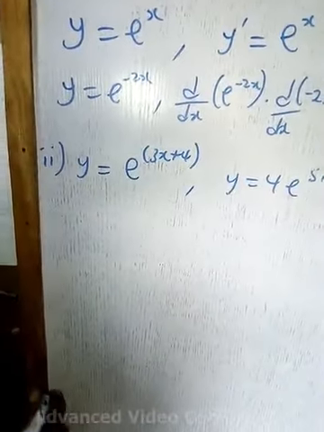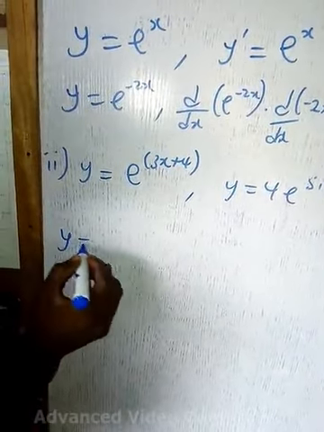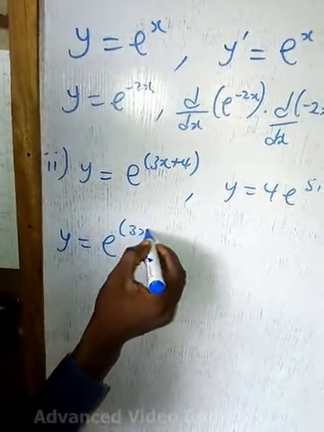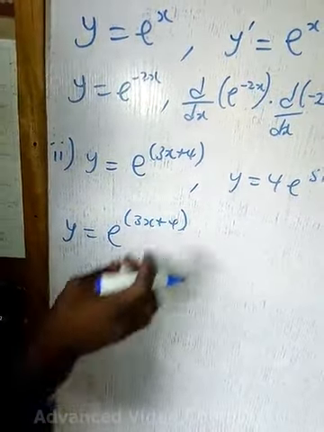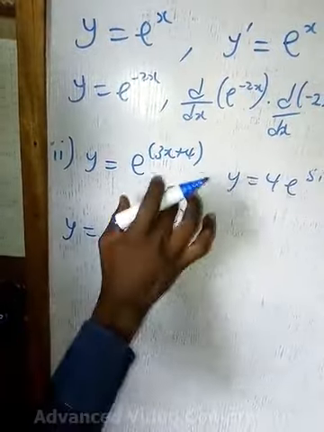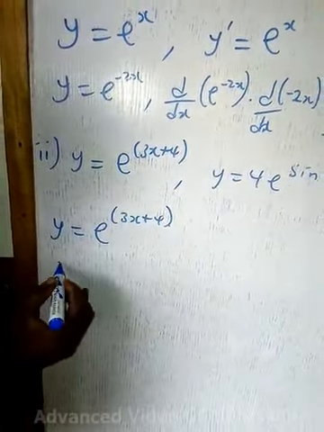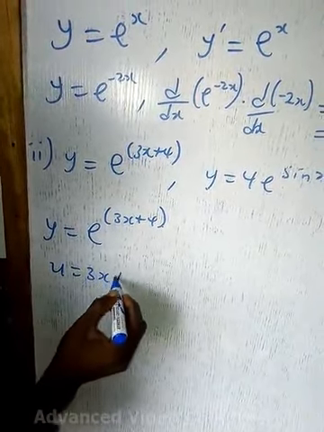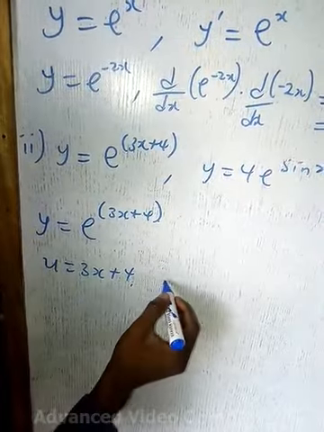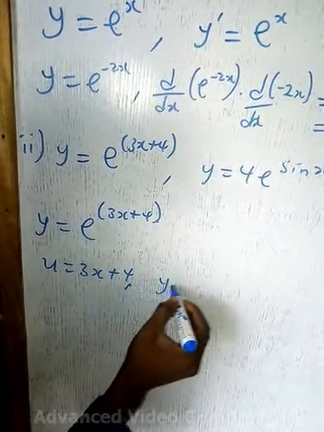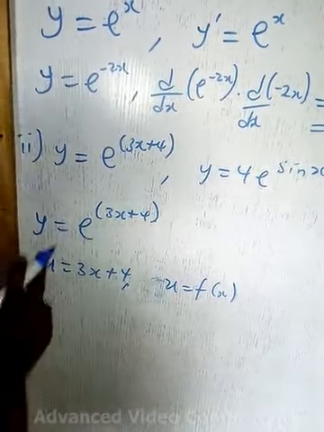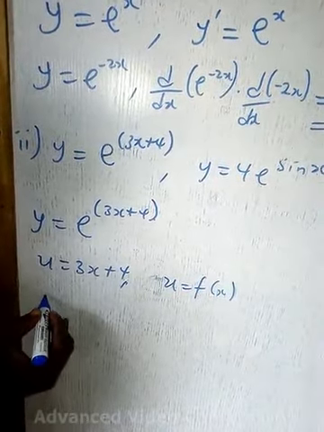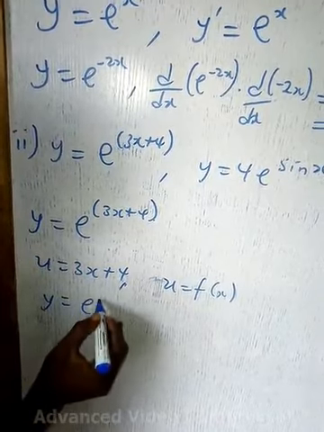Moving on to other examples. Then we can also have y to be e to the 3x plus 4. This one is made up of 2 functions also. This one is the inner and this one is the outer. Then for the inner, I can say u equals 3x plus 4. You know that u here is a function of x. Then y can be rewritten as e to the u.